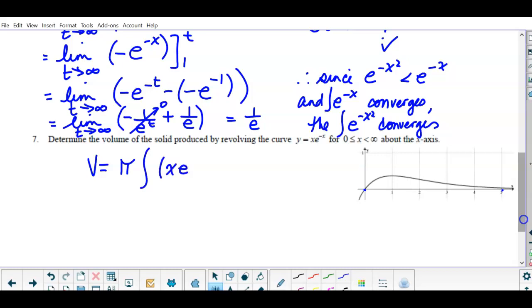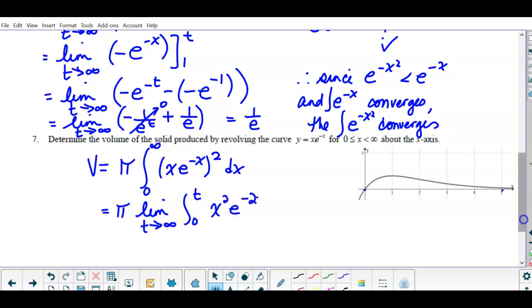So that's x e to the negative x squared dx, in this case from 0 to infinity. So we want to take the limit, so you can factor out the pi, and then limit as t goes to infinity, 0 to t, x squared e to the negative 2x dx.